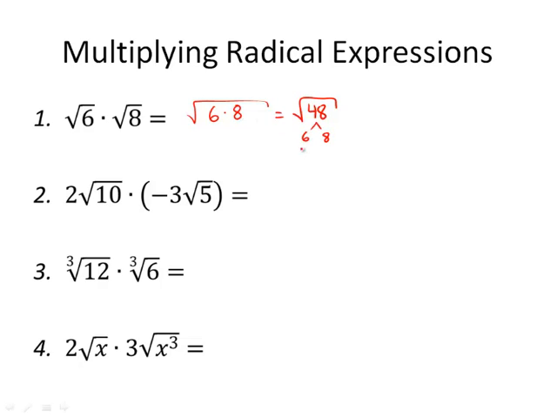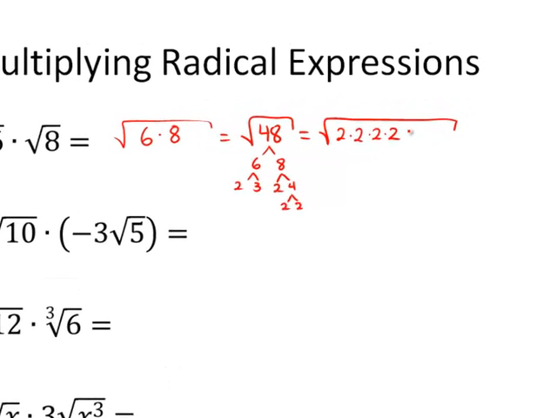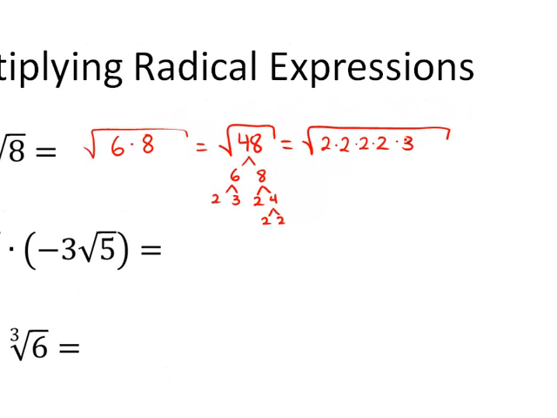So it was 6 times 8, 6 was 2 times 3, 8 was 2 times 4, 4 was 2 times 2. So you could right away go from 6 times 8 to breaking it down to 2 times 3 times 2 times 2 times 2. I'm going to rearrange it so all my 2's are together and all my 3's are together.